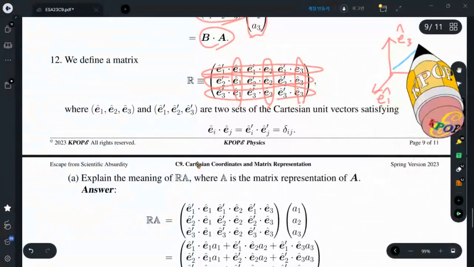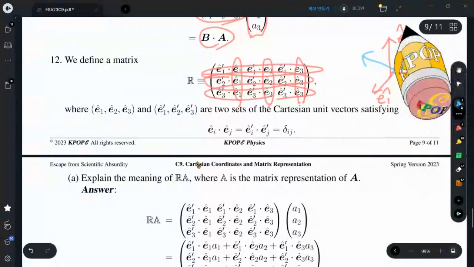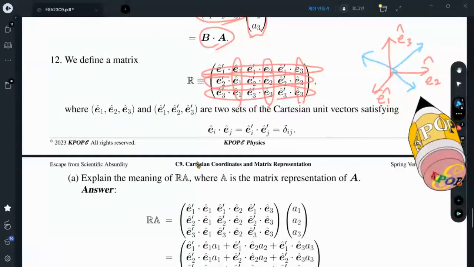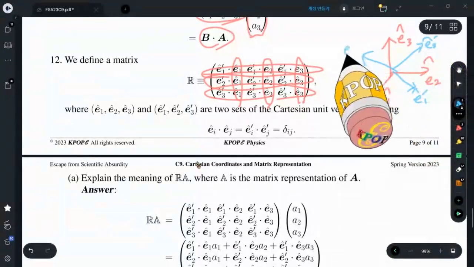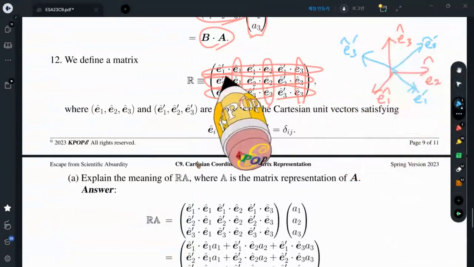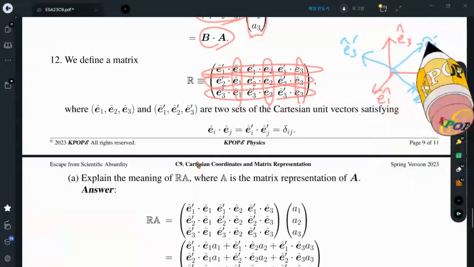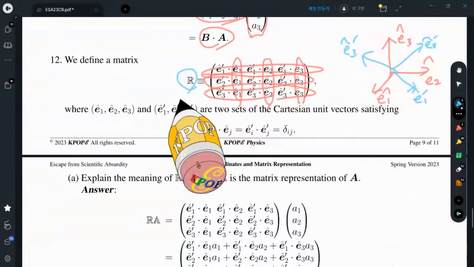And I'd like to introduce another set of basis vectors, a little bit rotated from the original one. We say E1 prime, E2 prime, and E3 prime. If I find all of the scalar products among them, I can construct a rotation matrix.